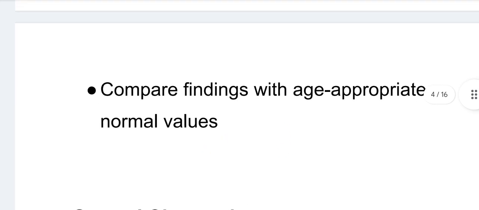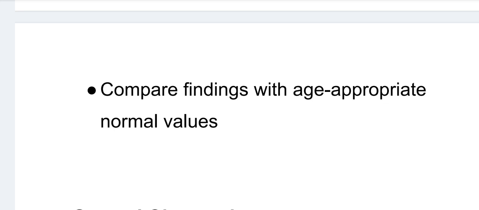And then the other principle is that you need to compare findings with the age-appropriate normal values. Remember, when we're talking about stages of a child, we have different stages: a neonate, an infant, school age, the preschooler, adolescent. So you need their parameters, they are numerical for different investigations. What we mean in this statement is, imagine you are measuring the respiration for a neonate and an adolescent.